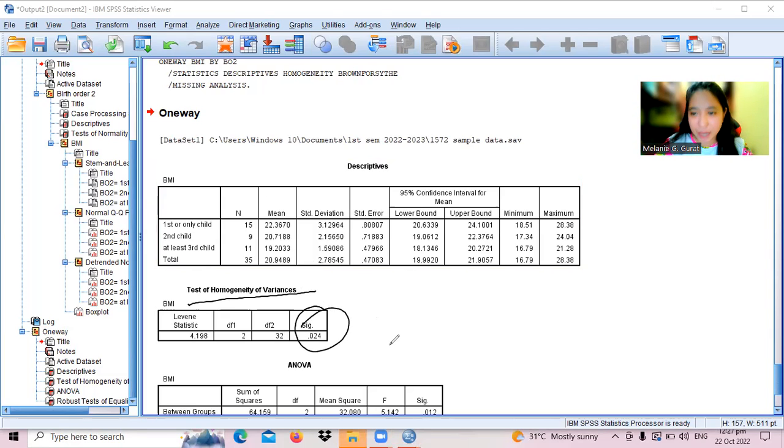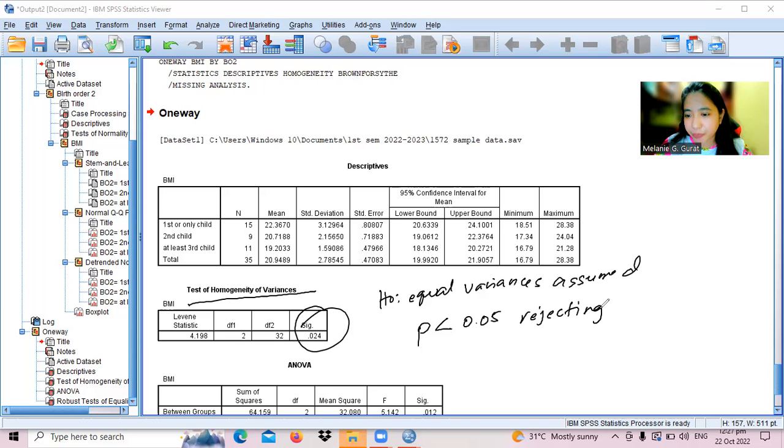This is our P. We mentioned again that in using this test, our H0 is telling us that we have equal variances assumed. So since P is less than 0.05, we are rejecting our H0.